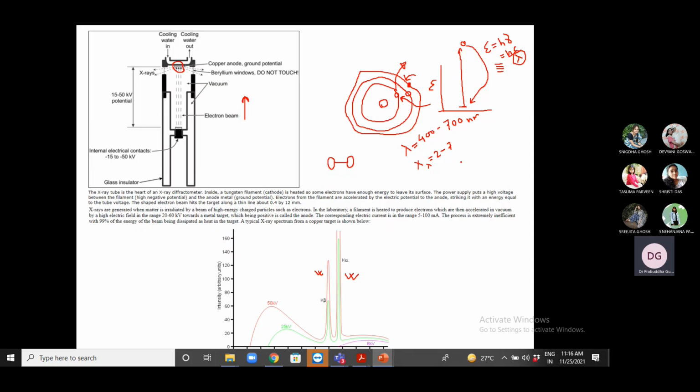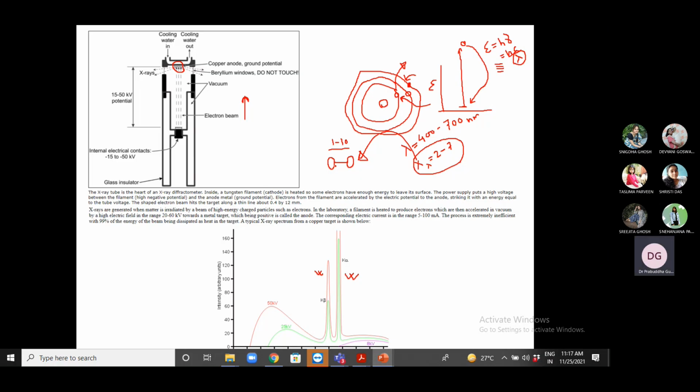But in X-ray, you see, it is very tiny. So you can study lengths which are 1 to 10 nanometer apart, that is, various atoms and molecules inside an organic or inorganic compound.